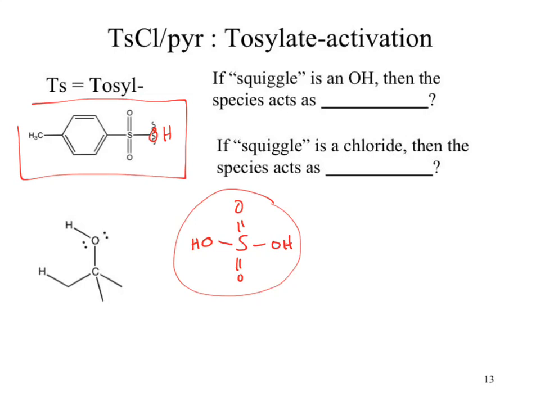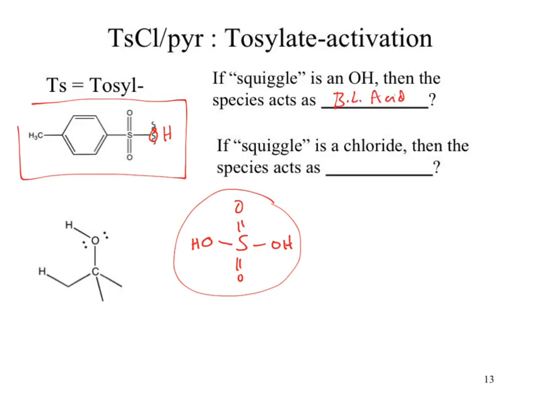That's our sulfuric acid. What's the difference between our toluene sulfonic acid, or our tosyl acid, versus our sulfuric acid? We're looking at a carbon versus an OH off of one end. Okay? So the toluene sulfonic acid is just another really strong acid. It just happens to be an organic acid because it has carbon in the structure. So if that squiggle is an OH, then our species acts as a Bronsted-Lowry acid.